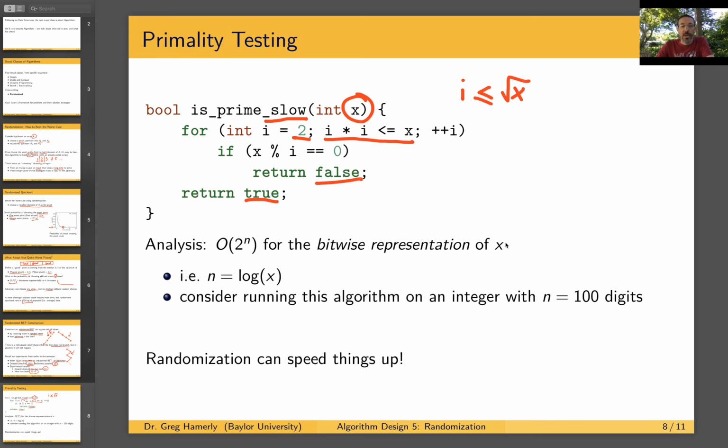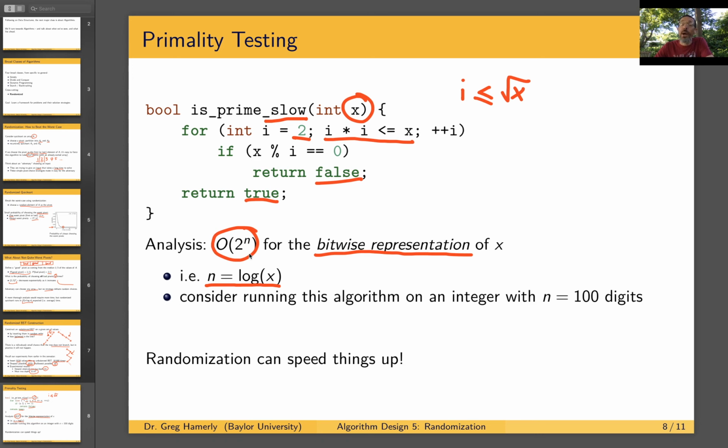And the reason it's slow is because if we think about not just the value of x, but the bitwise representation of x, the number of bits in x is essentially n equals log base 2 of x. And if we think about that, then this runs in time essentially 2 to the n, roughly speaking. Okay, so this is an exponential time algorithm in terms of the number of bits of x.